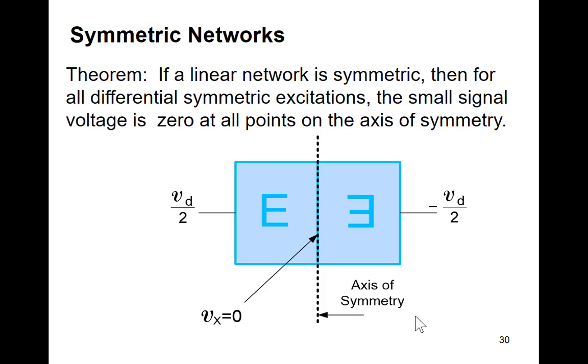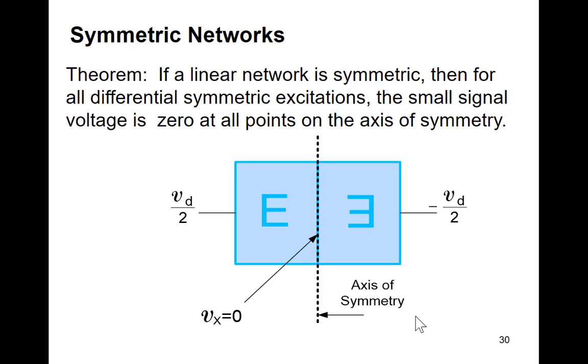If it's symmetric, how does T1Z relate to T2Z? They're the same, so I'm just going to call that TZ. So VZ is equal to TZ times (V1 plus V2). But what was my assumption about V1 and V2?